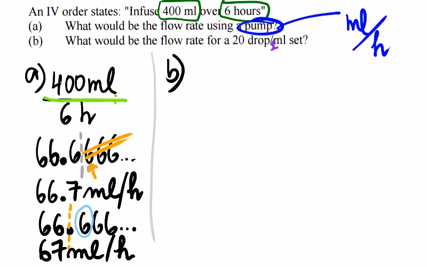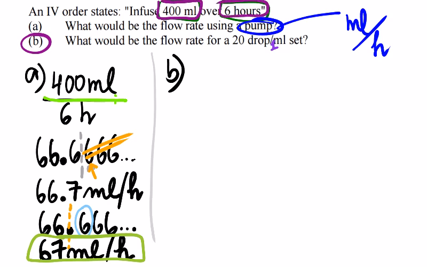Probably easier if we just do exactly the same thing, and I would suggest not to use the answer that we got in the first part of the question, because that is already rounded. We want as accurate an answer as possible. So I suggest when we're doing part B of a question, we go back to the original heading.